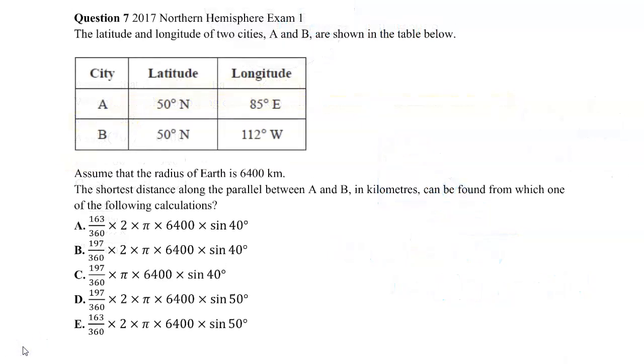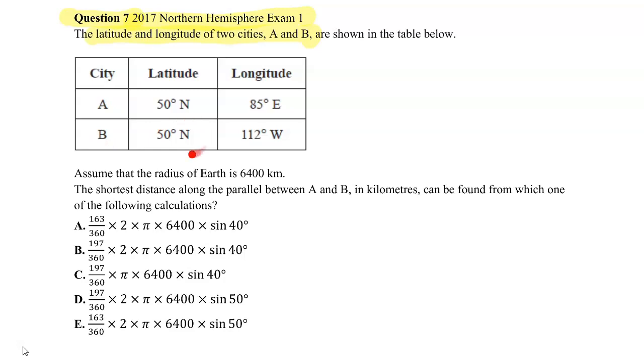Right, from the 2017 Northern Hemisphere Exam 1, this is question 7, so this is one that is considered difficult. The latitude and longitude of two cities, A and B, are shown in the table below. A has got the latitude of 50 degrees north and the longitude of 85 degrees east.